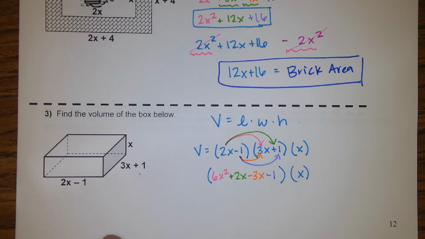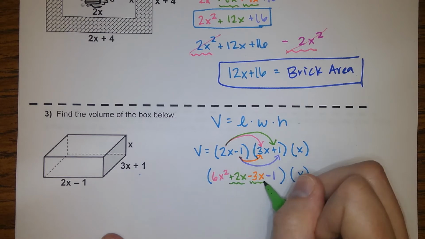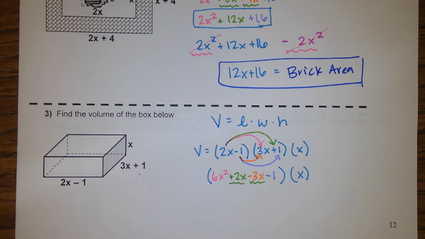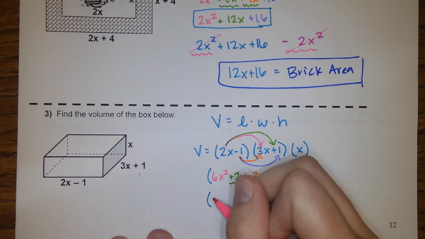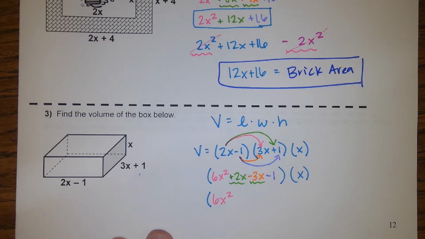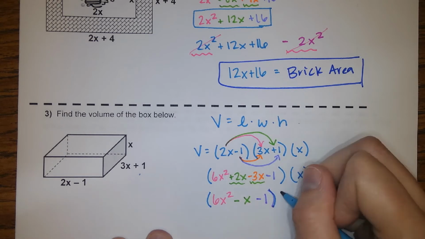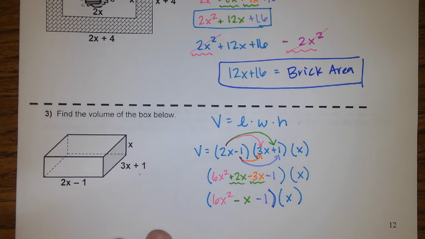Okay, so now we are going to combine our like terms before we multiply. And what we are left with in here in the middle is 6x squared, and then plus 2x minus 3x would give me negative x, or negative 1x, and then the negative 1 stays the same. And we multiplied that by our x. So now we will go ahead and distribute this to our x.